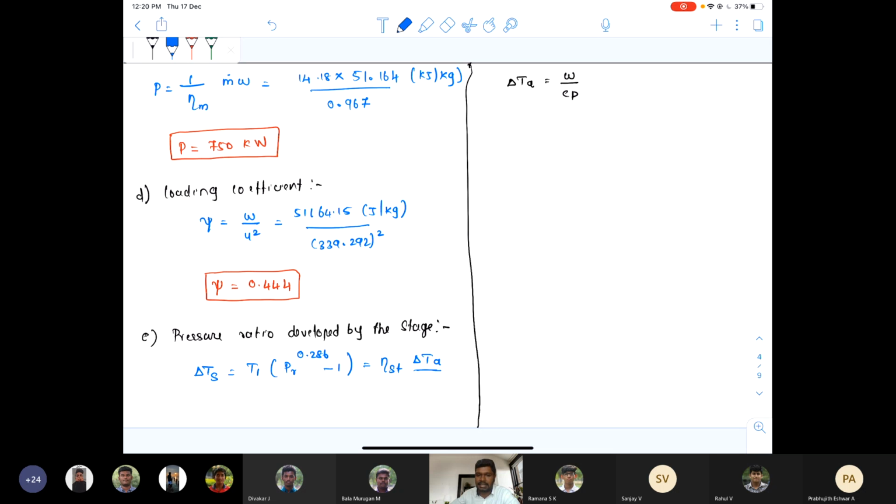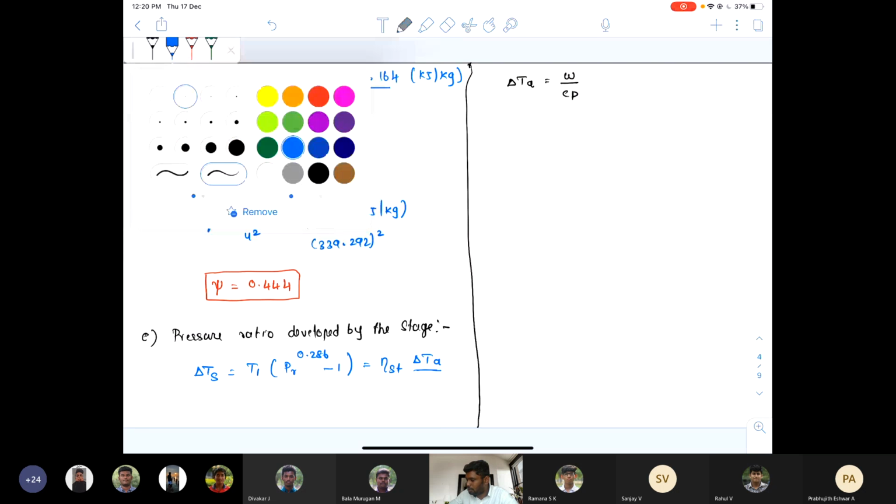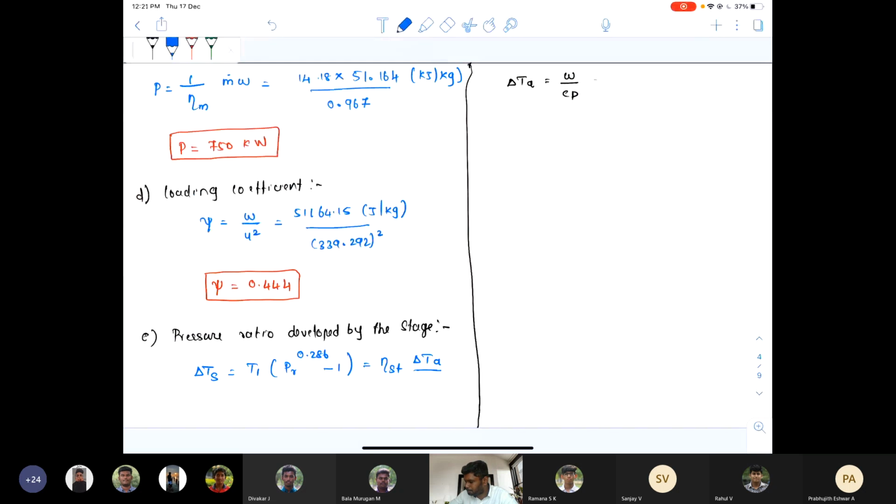We know W is 51164.15 divided by the value of Cp, 1005, which is the specific heat. On calculation, you get delta TA as 50.91 degree Celsius.